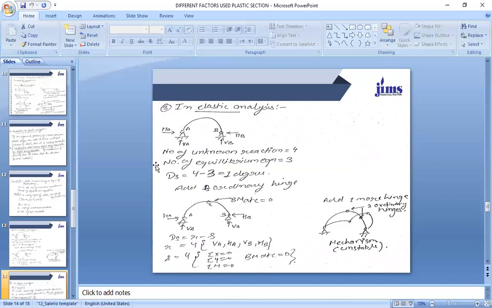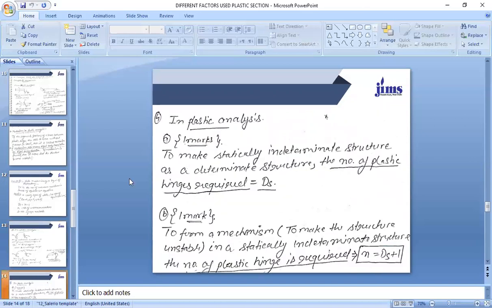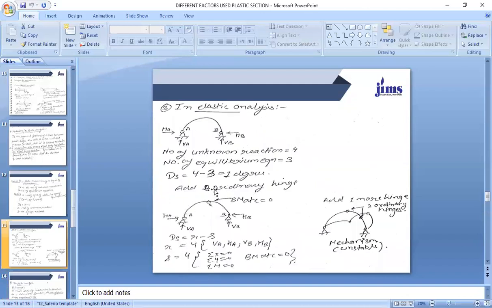In plastic analysis, these things should be remembered. To make a statically indeterminate structure a determinate structure, the number of plastic hinges required is DS, right? Which we can see here. The DS was 1, so to make this determinate, just provide one hinge because DS is 1. Now, DS is 2, provide two hinges. DS is 1, I provided one hinge.